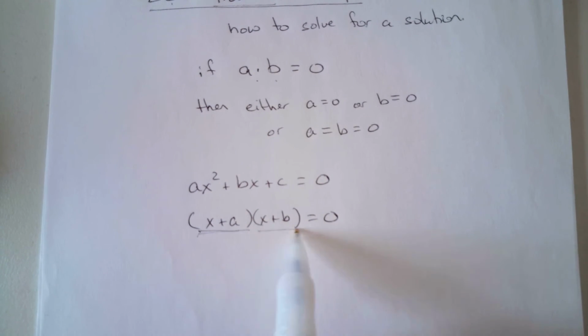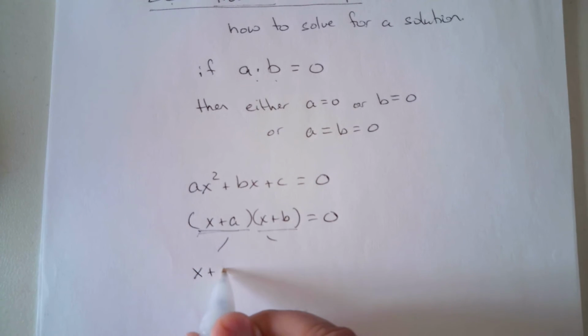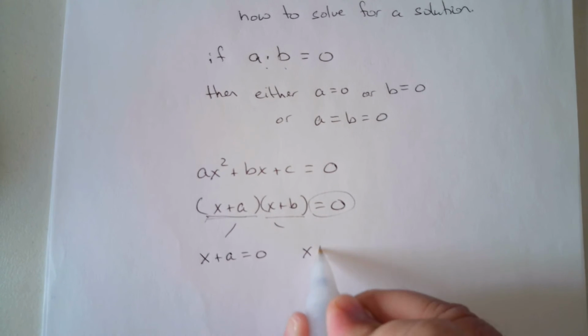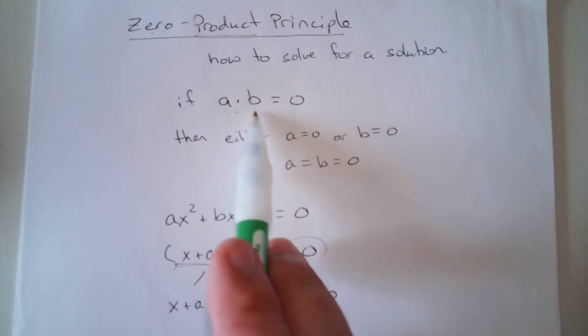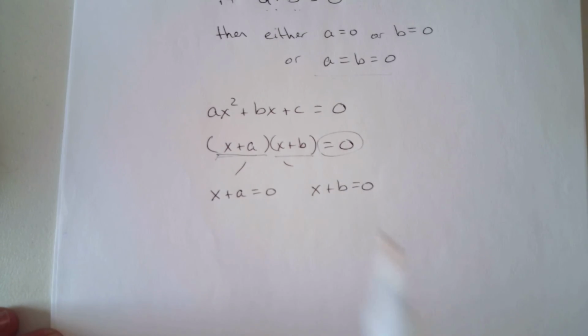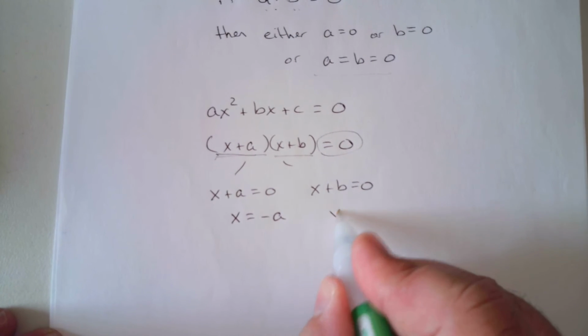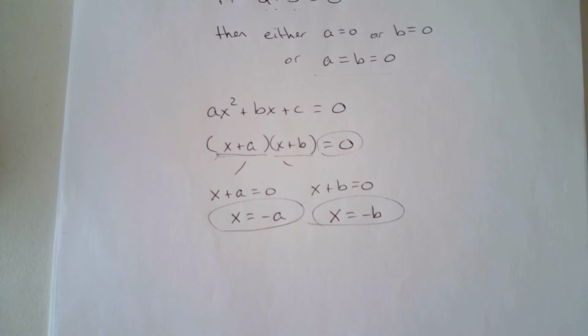So at this point, we take each of these separately and set them equal to 0. Since we don't know which one's 0, we set them both equal to 0. And then we solve. And those are our solutions. So that's the zero product principle. That's the whole purpose of it.